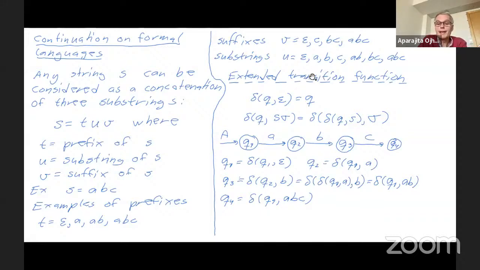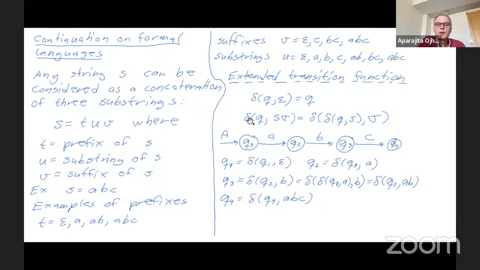Now you can also extend this transition function to operate on strings, not only individual events. Then we make a recursive or inductive definition of this. We say that delta of q comma epsilon is still the same state. You have not moved at all.